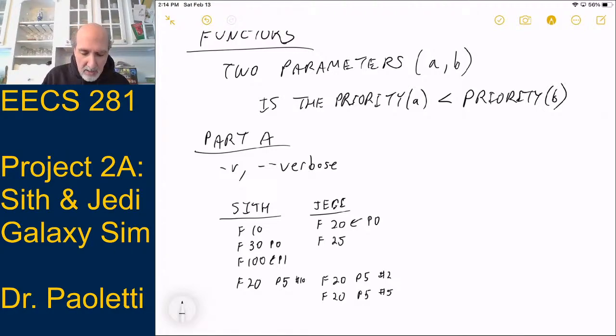Let's assume that the Jedi arrived first. The 2 Jedi arrived, then 5 more Jedi arrived, and then a Sith arrived. Now a battle can happen, but which one of those Jedi fights? The answer is, whichever one came first.